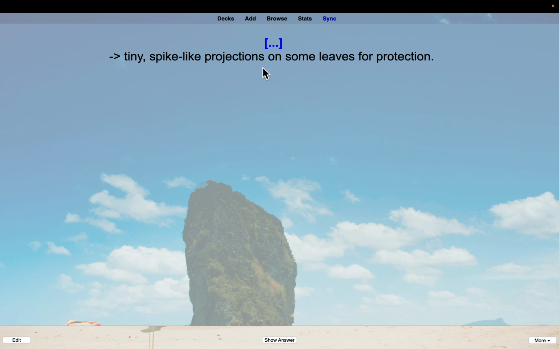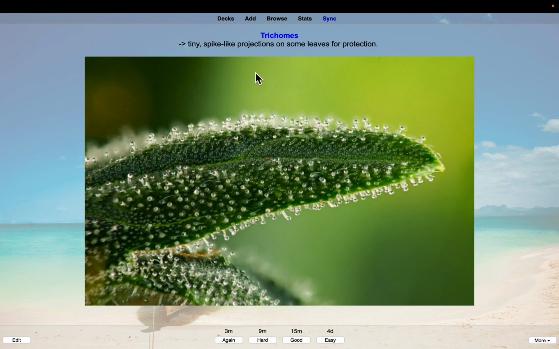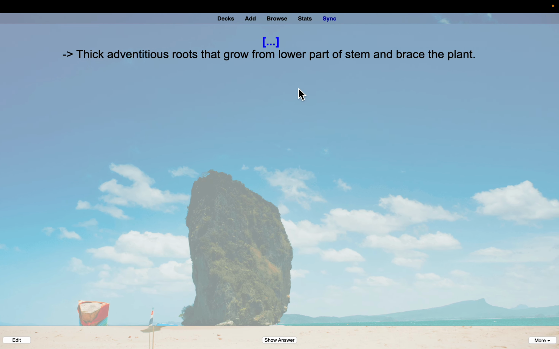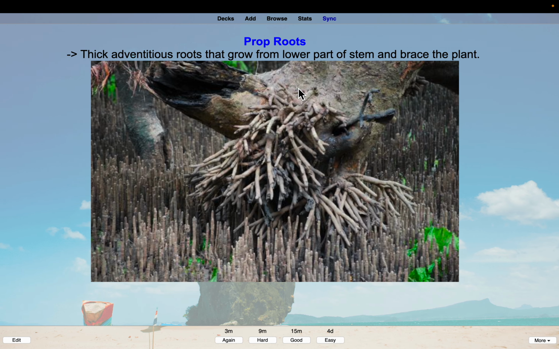Okay. Blank, tiny spike-like projections on some leaves for protection. Thorns. Just kidding. Trichomes. Thick, adventitious roots that grow from the lower part of a stem and brace the plant. Prop roots. Okay.